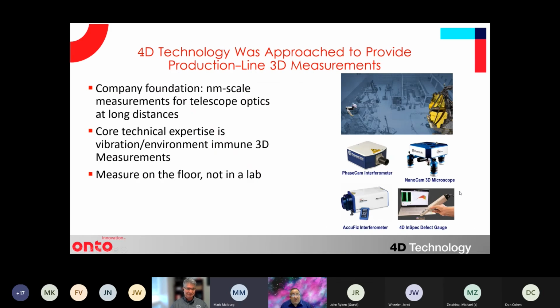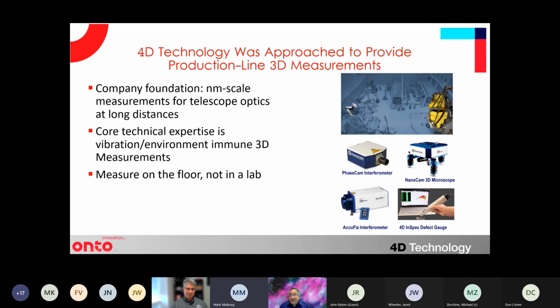And a little bit about 4D, we were approached to help solve this problem because of our capability with production line 3D metrology. Our entire foundation of the company initially was nanometer scale measurements of telescope optics, which are very long distance.